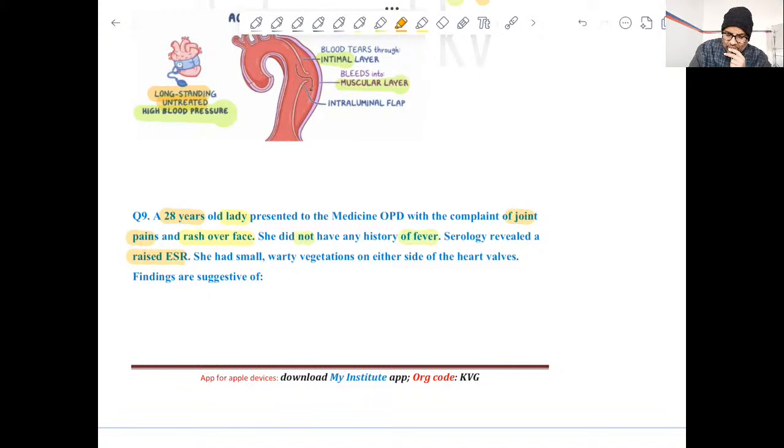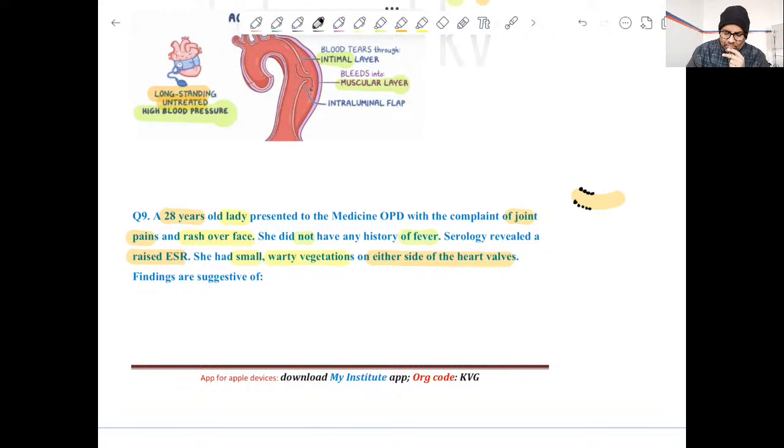Now what is more important here, that she had small warty vegetations which are present on both the sides of the heart valve. So suppose if this is the heart valve, the vegetations are present here and the vegetations are present here. So on the both sides.